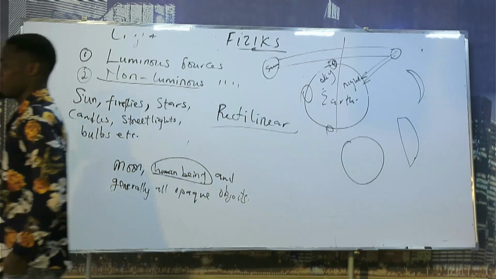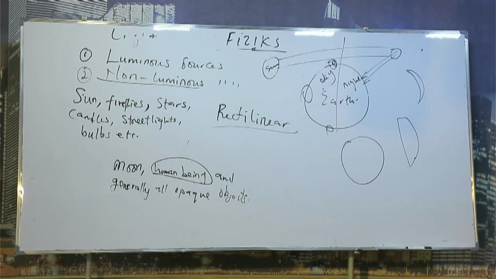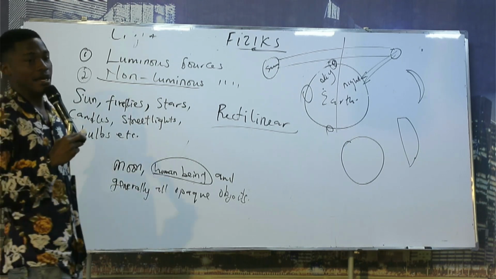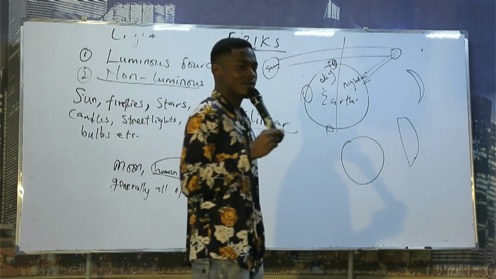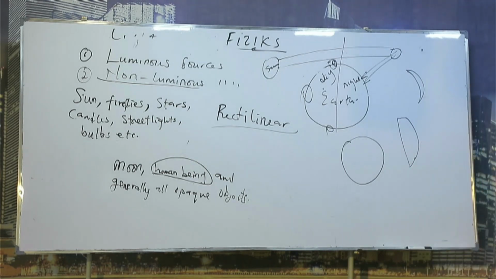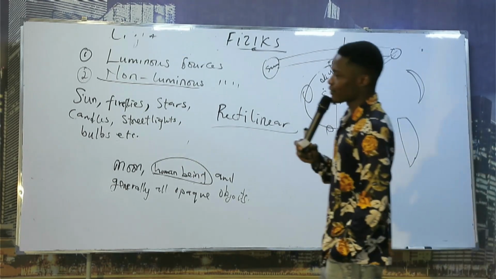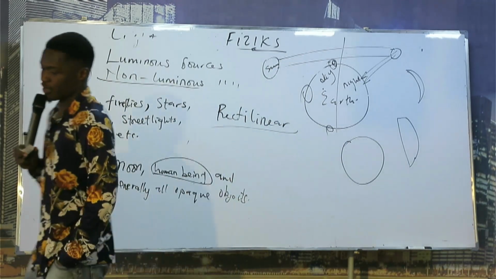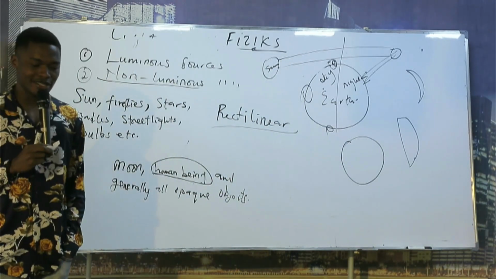This is the theory that supports what? The assumption that light travels on a straight line.